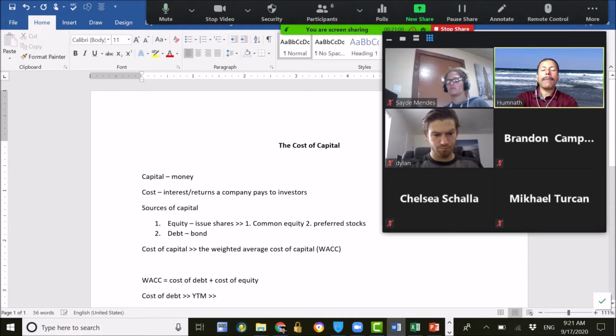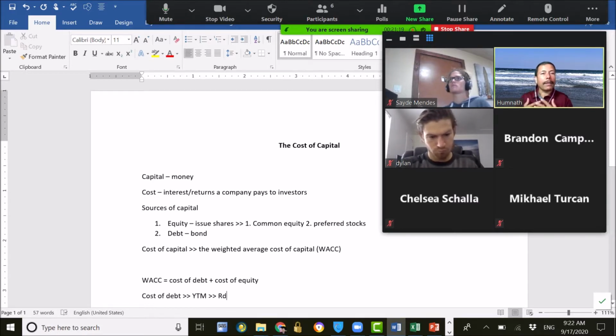So here I'm going to call that term R sub D. R is return, D means debt, return on debt. A return on debt for an investor is a cost for the company.